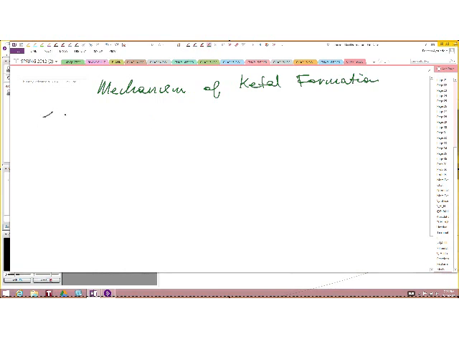So we start with this here. Keep in mind, this is the reaction we want to follow here. Two moles here. HCl is here as catalyst.